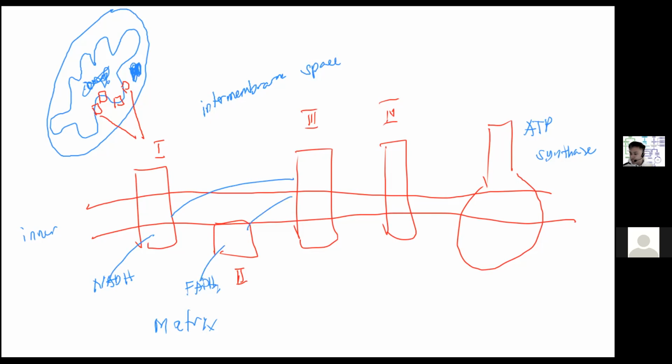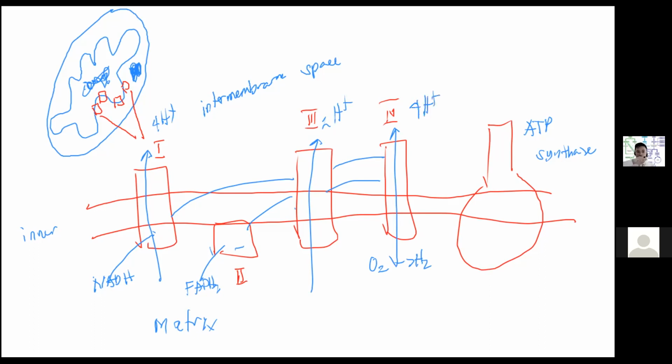And then from complex 3, the electrons move to complex 4, until eventually oxygen is converted to water. The movement of electrons in the different complexes causes the pumping of hydrogen ions, specifically in complex 4, complex 3, and complex 1.